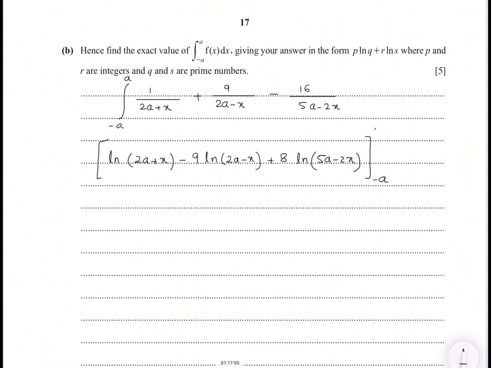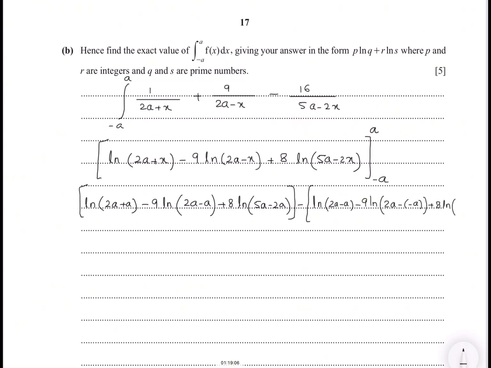Now put the limits from minus a to a. Upper limit minus lower limit. First try to simplify it. This is your upper limit, minus now your lower limit. Put minus a in x. Wherever you see x, you write minus a.